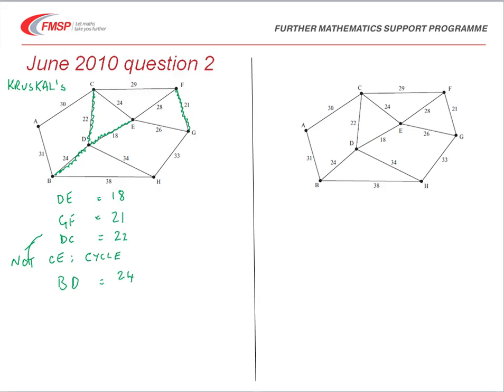The next one is EG, which is size 26. You can see at that stage the graph wasn't connected. It's now going to be connected again.